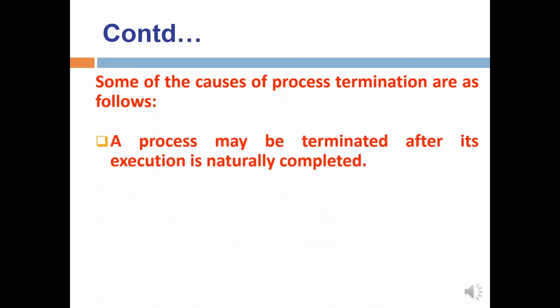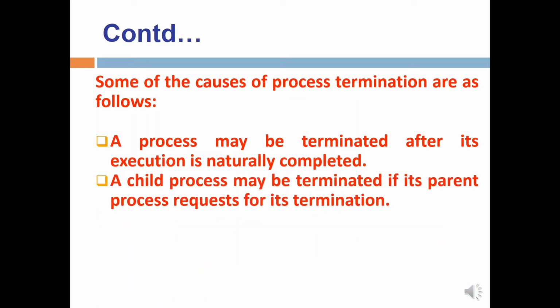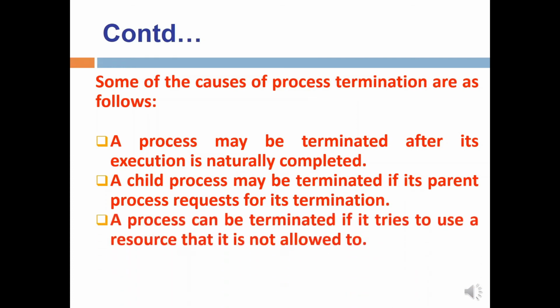A process may be terminated after its execution is naturally completed. A child process may be terminated if its parent process requests its termination. A process can be terminated if it tries to use a resource that it is not allowed to. Say, for example, a process can be terminated for trying to write to a file while the file is in read-only mode.